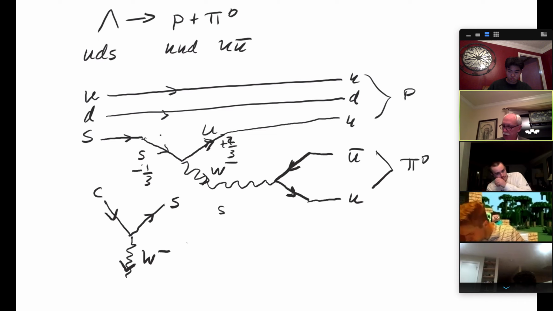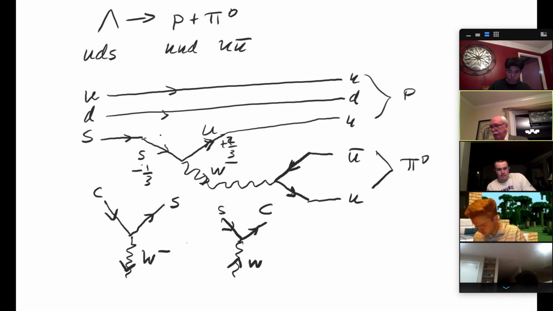When we switched it, the W was going in and the strange quark was going in and out like that.